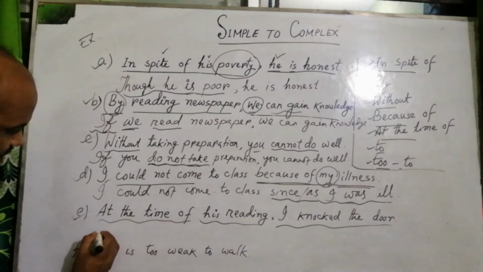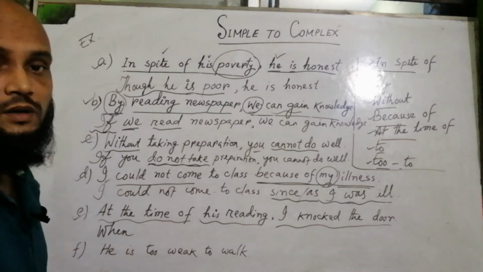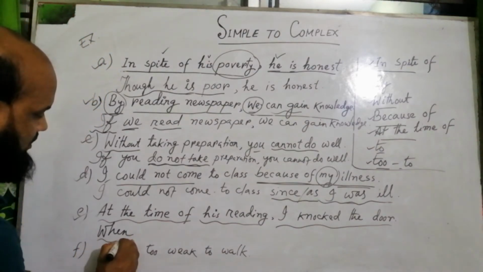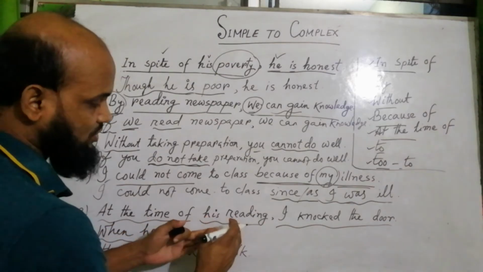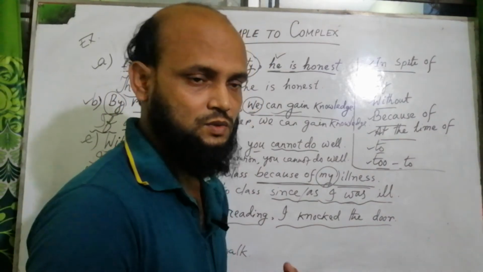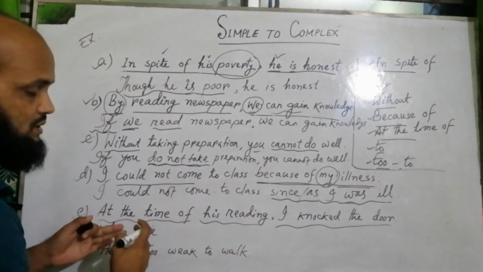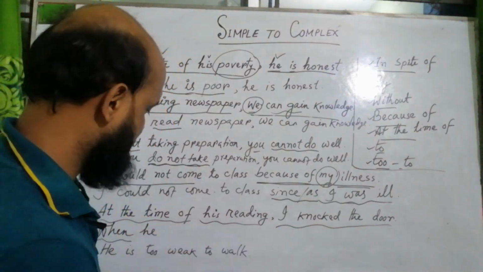So for this, at the time of, because this indicates a time, so you have to write when in the beginning of complex sentence, that means subordinate clause, when he, because at the time of reading, that means he was reading, so you have to write the past continuous tense. At the time of, that means something was happening when I knocked the door.